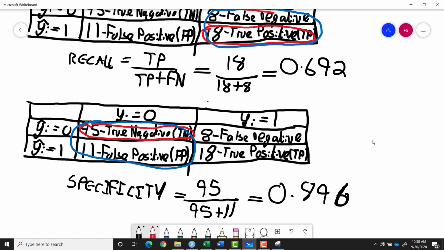But conversely, if we're desperate to find something like a bankrupt company, but that's very rare, my algorithm could just predict 0 all the time and get perfect specificity. But in that case, the recall would be much more important. So it's a trade-off, really, depending on your problem and your problem domain.